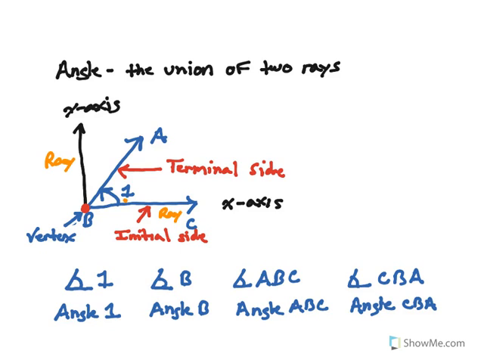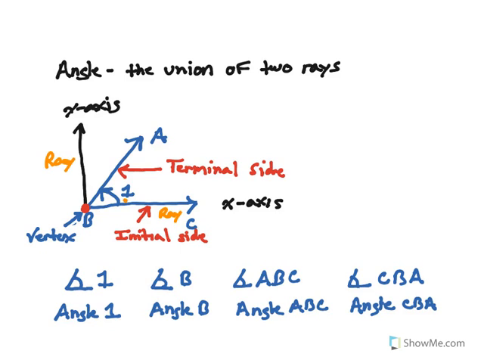So we can name angles many different ways. We'll use this particular example, and you notice that the letters A, B, and C are going to be used to identify this angle, but there are many ways. One of the easiest ways is that if this angle is numbered, like angle 1, you notice the symbol of an angle is these two rays coming together at a point, and then this little circular mark here indicates an angle.